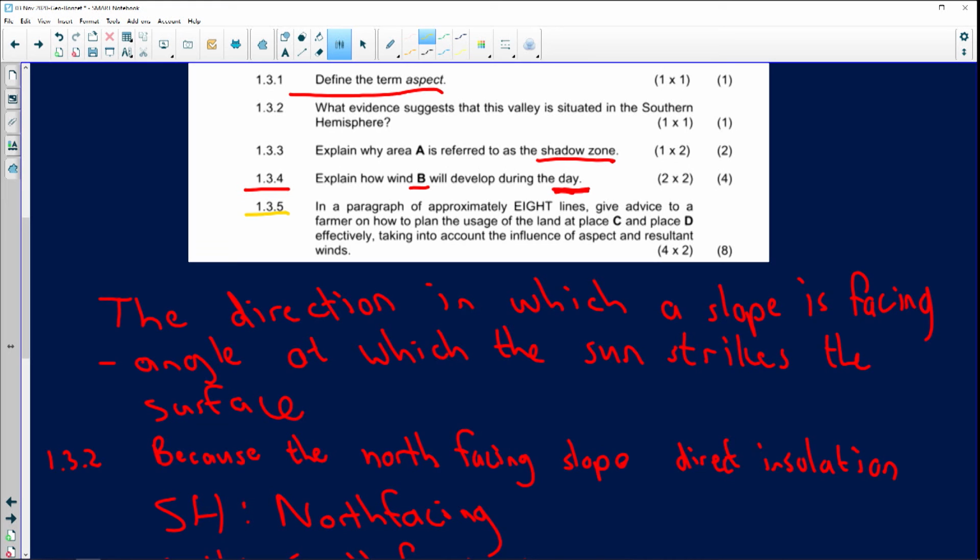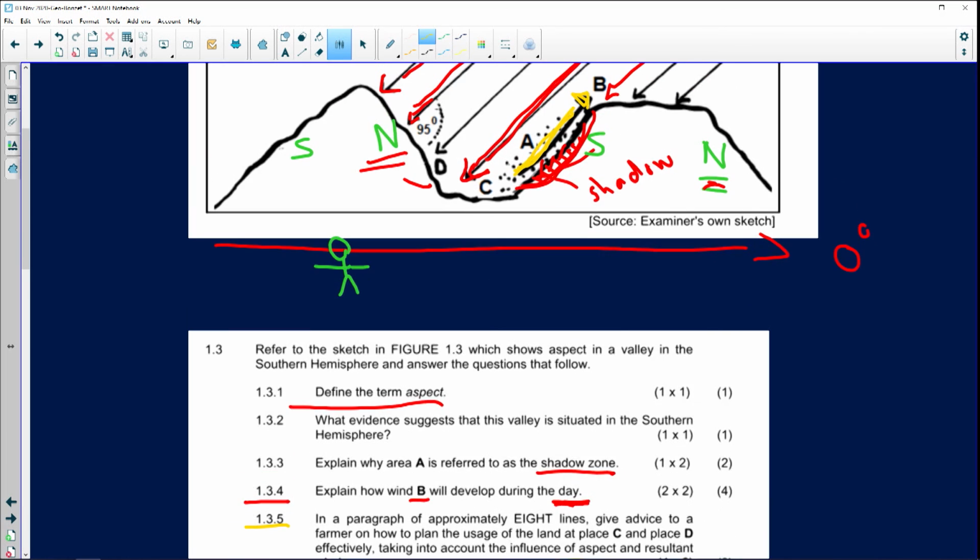Now question 1.3.5. In a paragraph of approximately 8 lines, give advice to a farmer on how to plan the usage of the land at place C and place D effectively, taking into account the influence of aspect and the winds that we discussed.